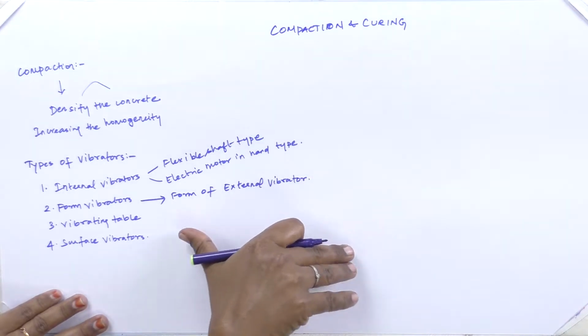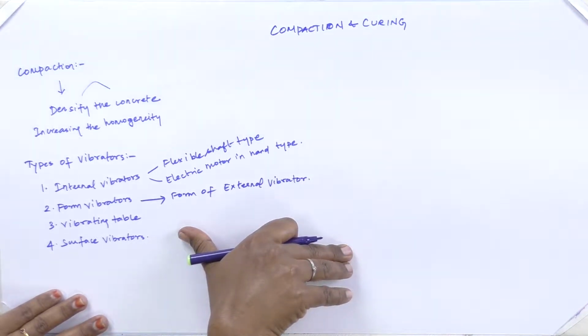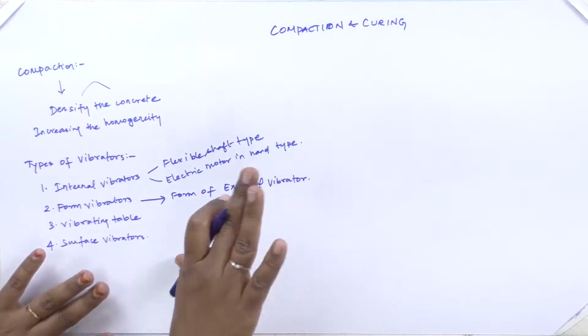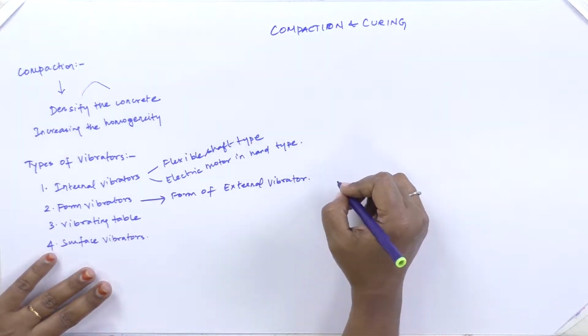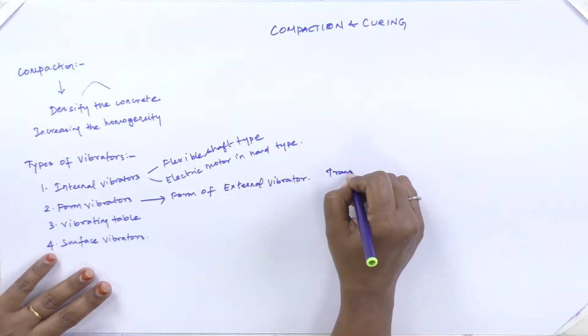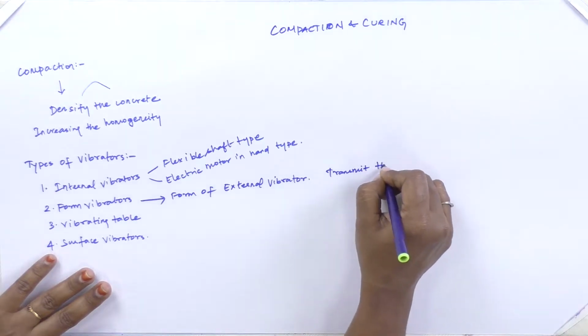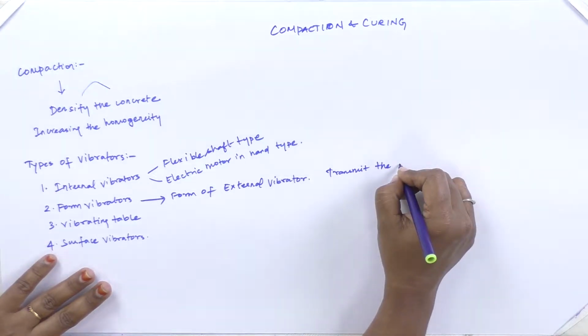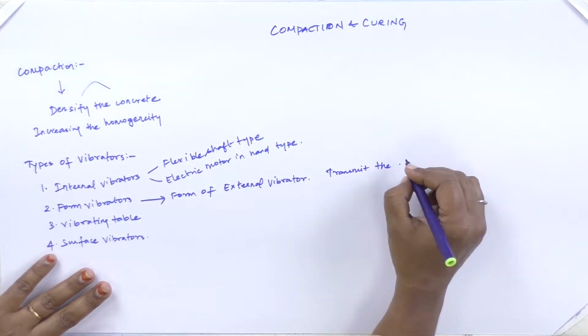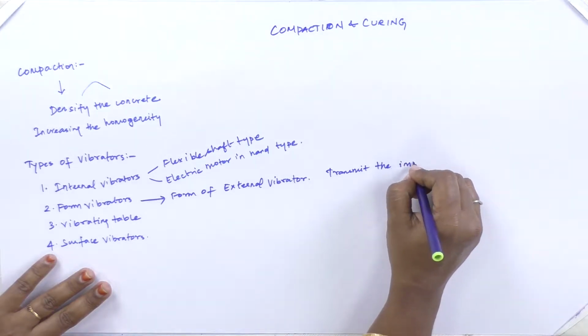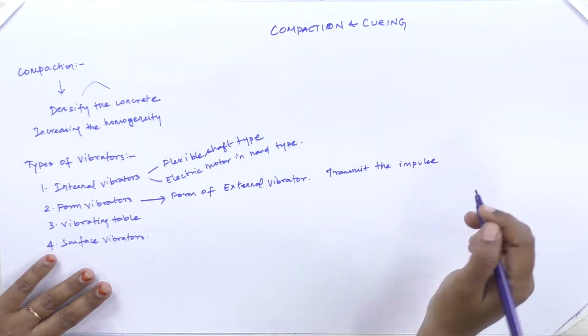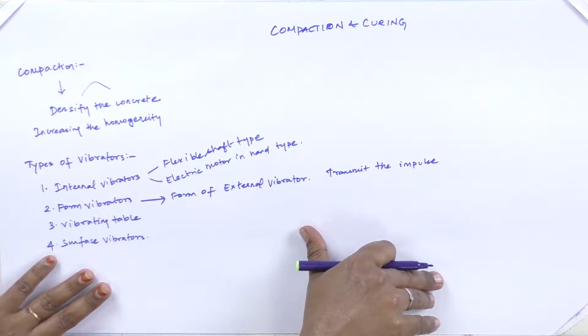When these form vibrators are used externally on the formwork, they transmit the impulse to the internal concrete.